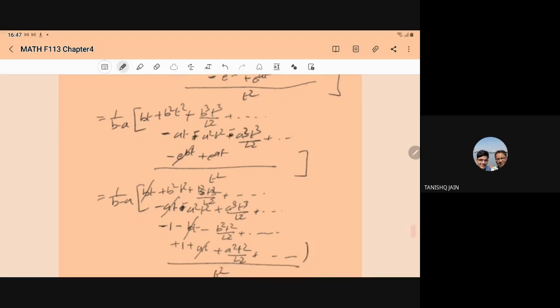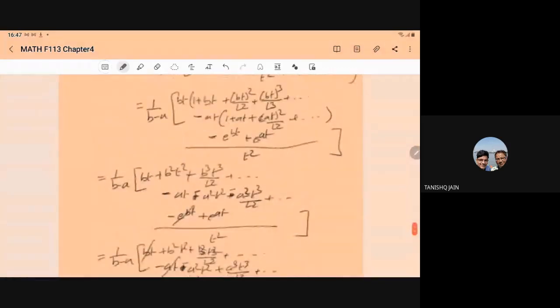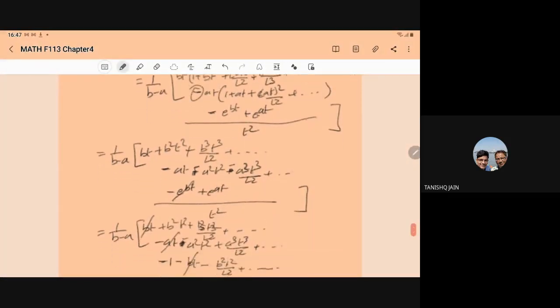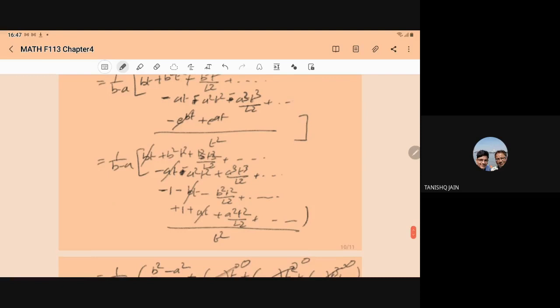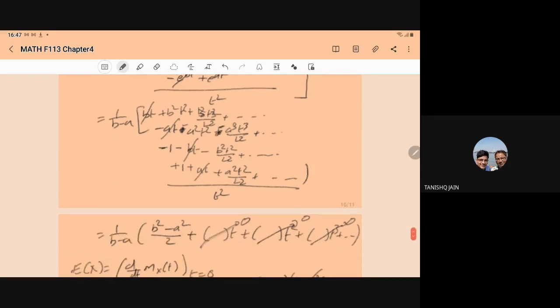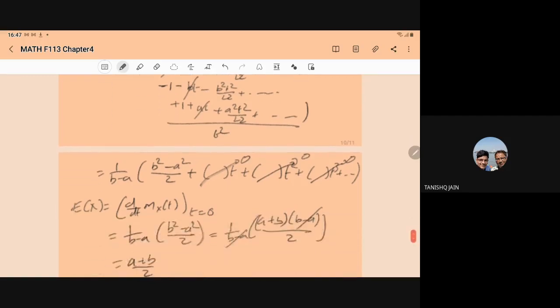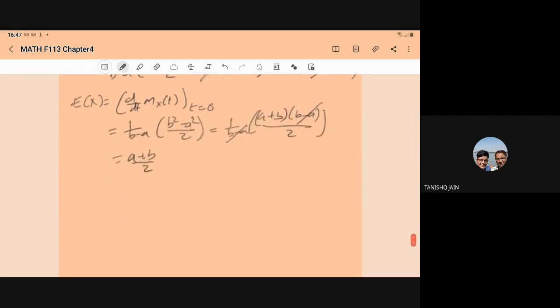Yes, in the complete, this is the minus outside, correct? Clear? Yes, sir. So it is a plus b by 2.